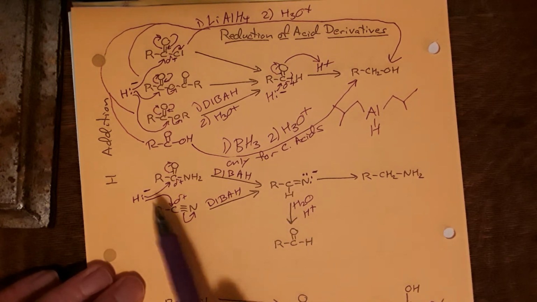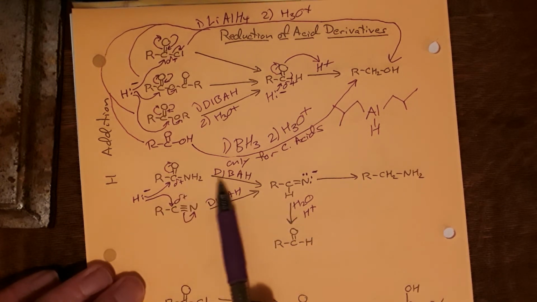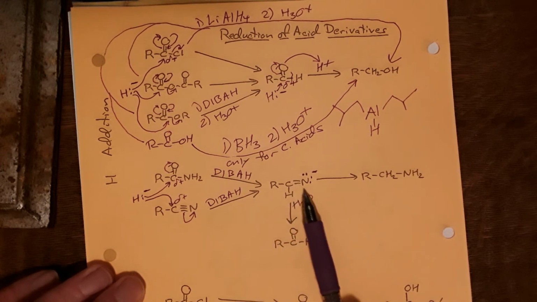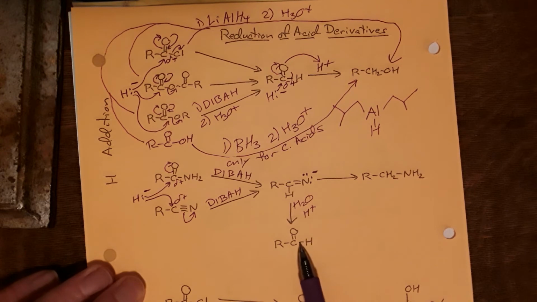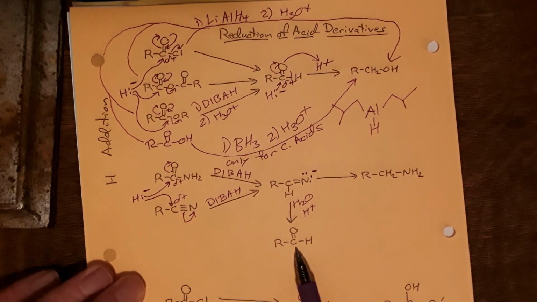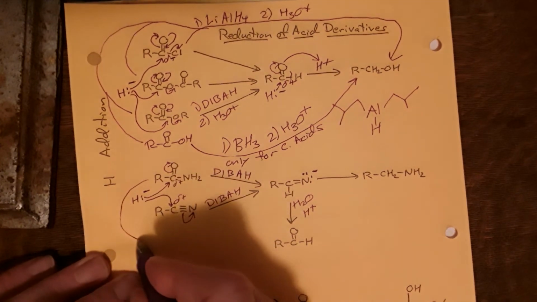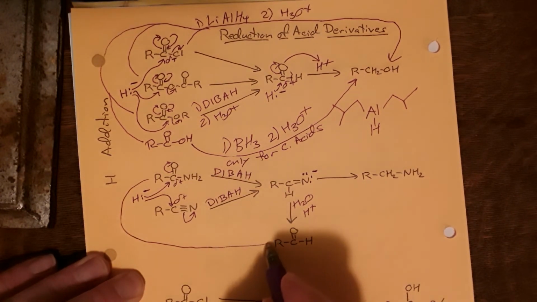So under the original conditions with the diisobutyl aluminum hydride, we go to the intermediate, and then when we add water, the oxygen source, we end up converting it to the aldehyde. So this is a good way to convert both of these groups to an aldehyde.